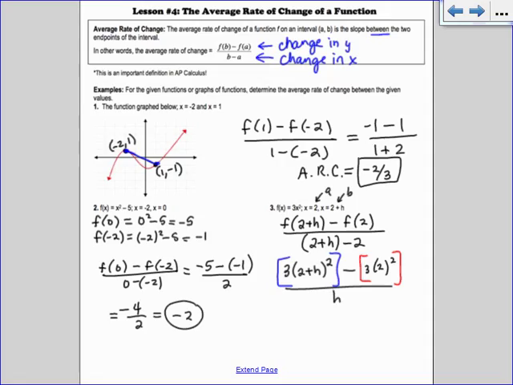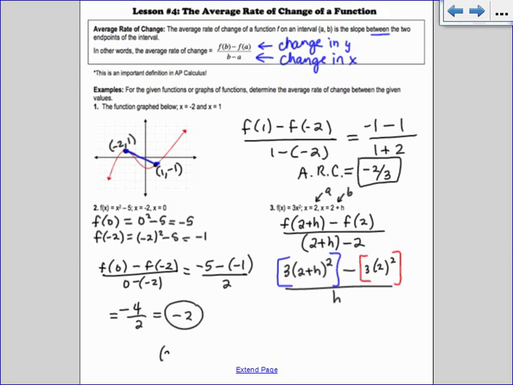It's from the function. So we're saying plug in 2 plus h instead of x. It was originally 3x squared, so it's 3 times (2 plus h) squared. All right, so we need to find what 3 times (2 plus h) squared is. You can do it off to the side if you need to.